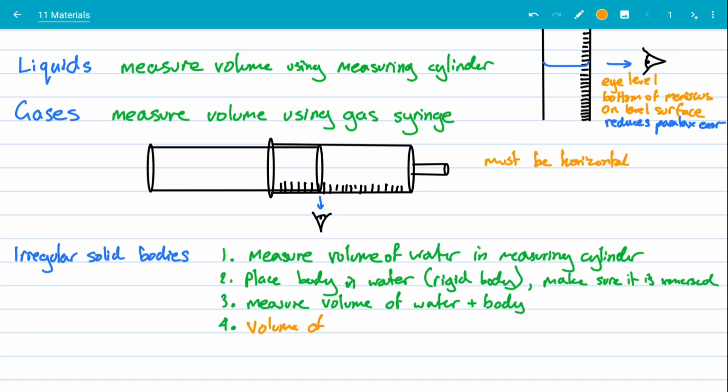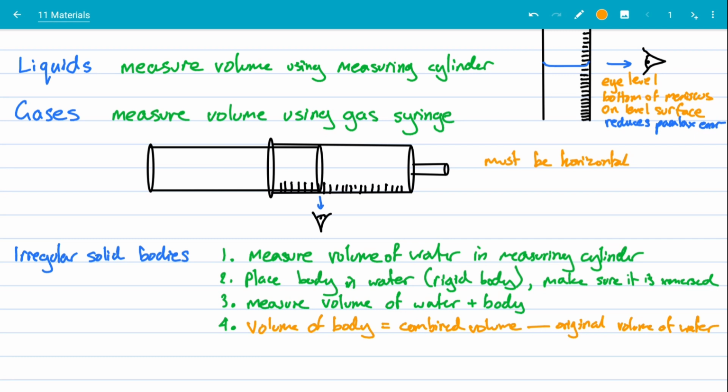Volume of body is equal to combined volume subtract original volume of water. Okay, so that is how we'd measure the volume of an irregular solid body, as long as the body is rigid and not porous.